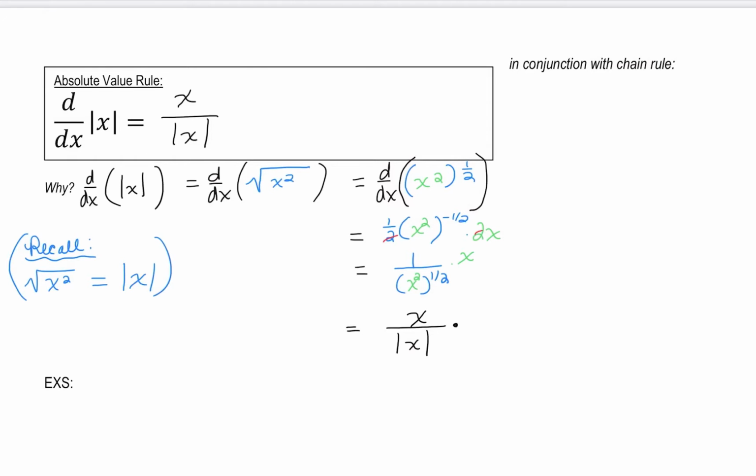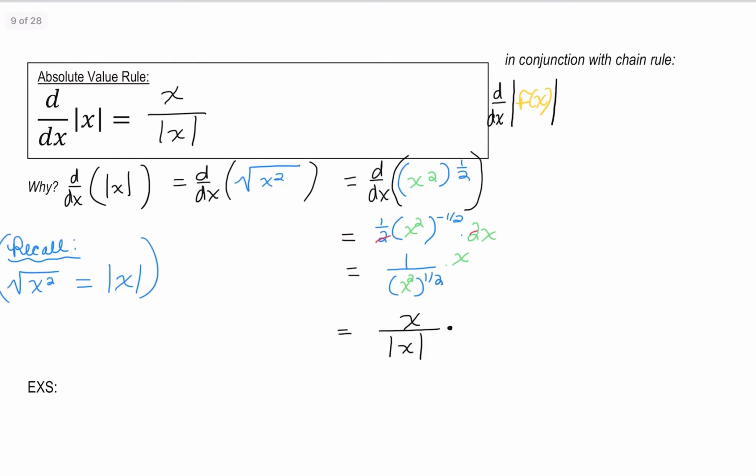Now, anytime we learn a new rule, we have to think about what it would look like with chain rule. So with chain rule, the derivative of the absolute value of some sort of inside function, something more than just a plain old x on the inside.